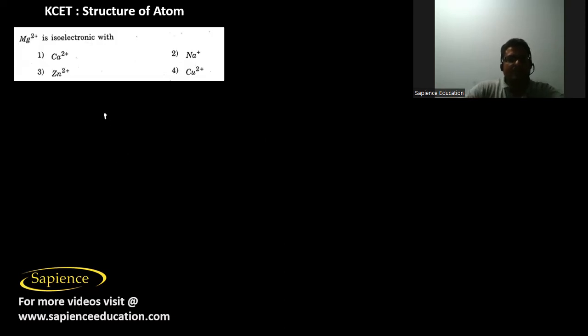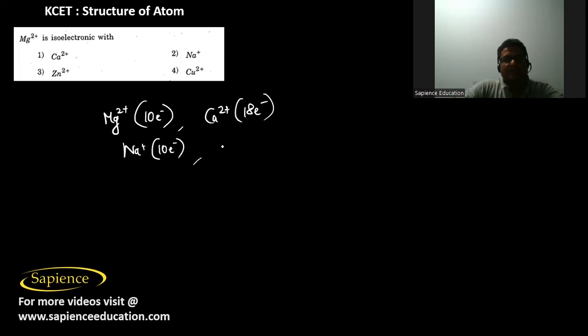Then here it is told Mg2 plus is isoelectronic with. Mg2 plus will have 10 electrons, and Ca2 plus will have 18 electrons. Na plus also will have 10 electrons, and Zn2 plus will have 28 electrons, and Cu2 plus will have 27 electrons.